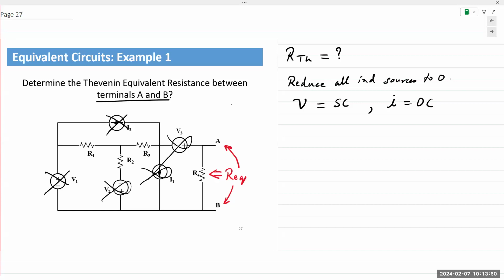Right, so let's redraw it. I have V1 on the left, replaced with a short circuit. R1, R3.